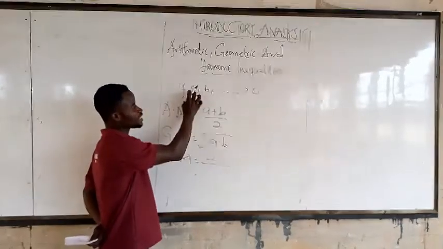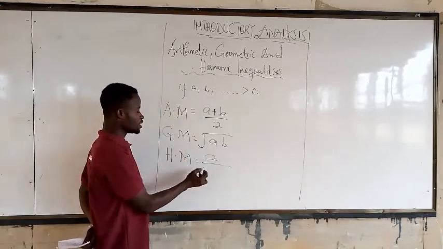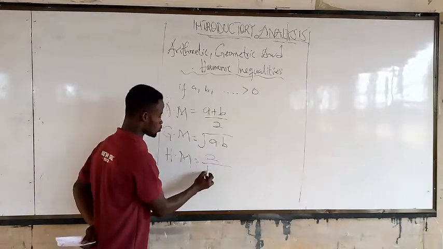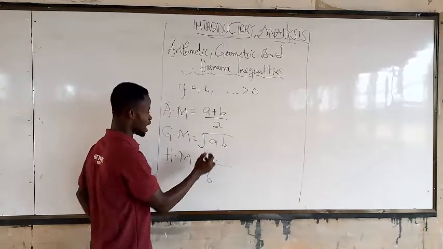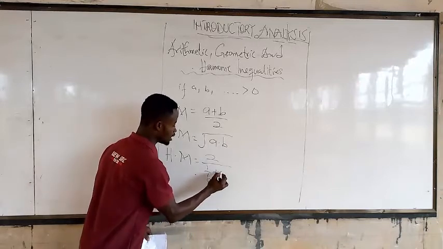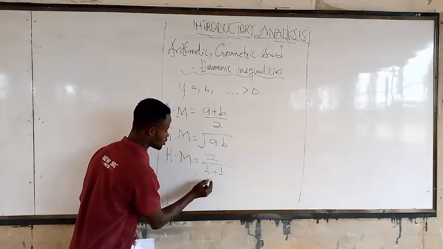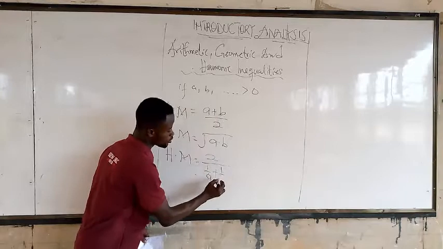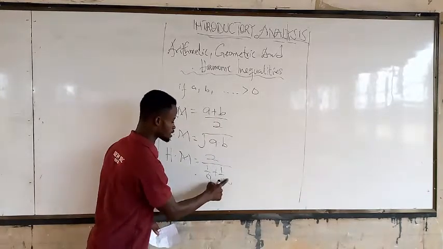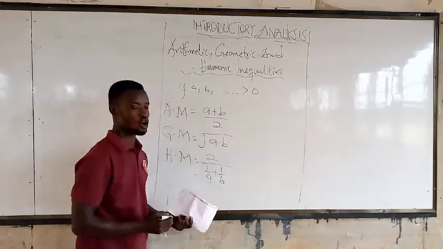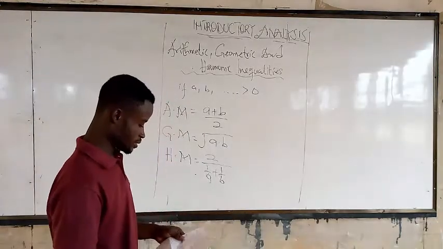Then I take an inverse of what? The inverse of A will be 1 over what? A. Plus the inverse of B, which will be 1 over what? B. So that is what we are going to get for the harmonic mean.